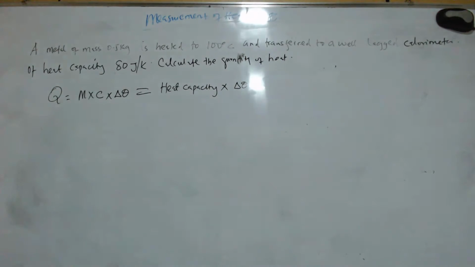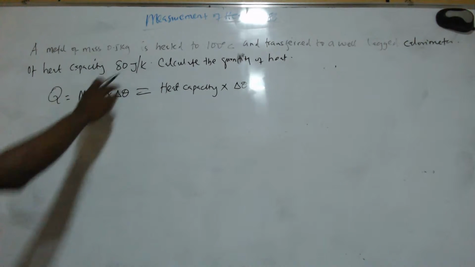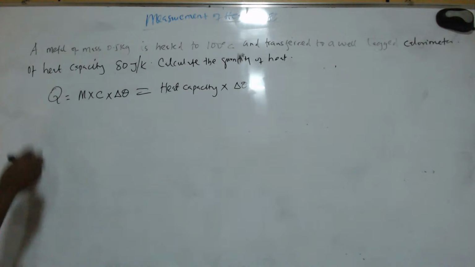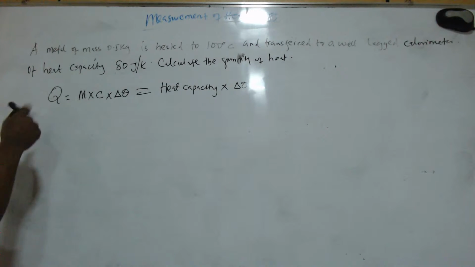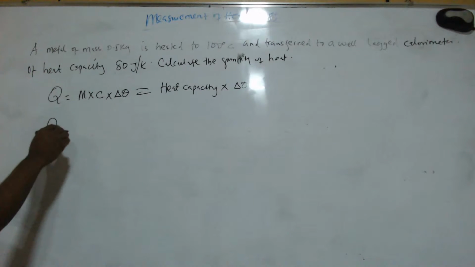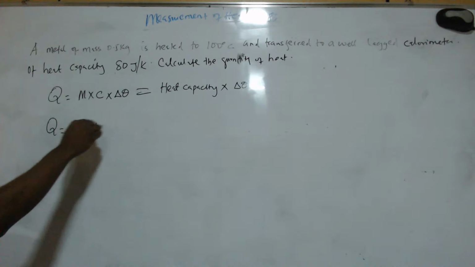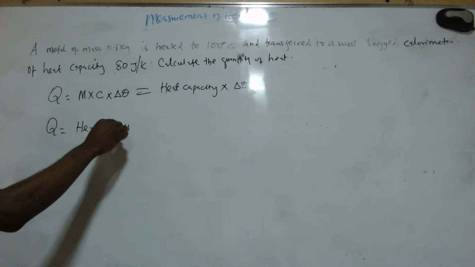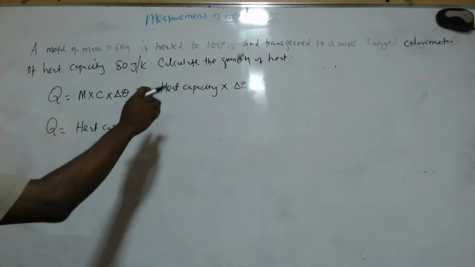Already our heat capacity has been given to us as this. So the quantity of heat is equal to heat capacity multiplied by change in temperature.